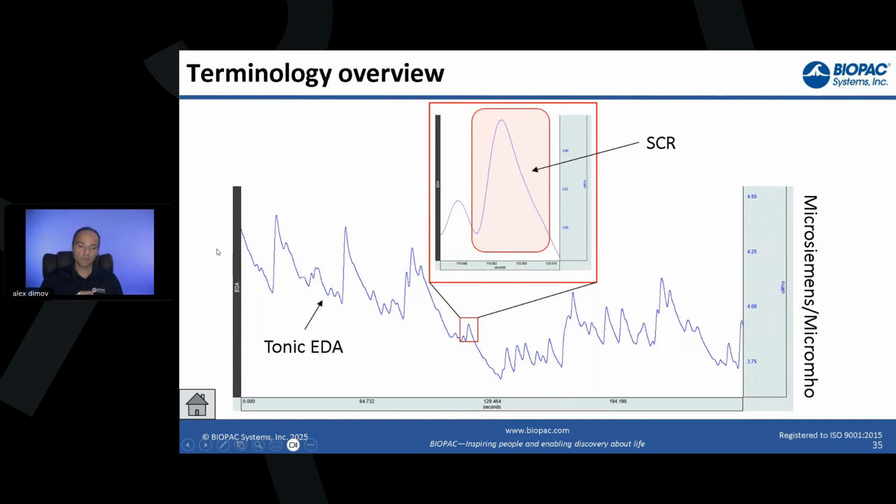When we're recording electrodermal activity, the raw signal, the one that we were looking at so far, is called tonic electrodermal activity, or skin conductance level. And then right within that, if we zoom in here, we see the actual skin conductance responses.